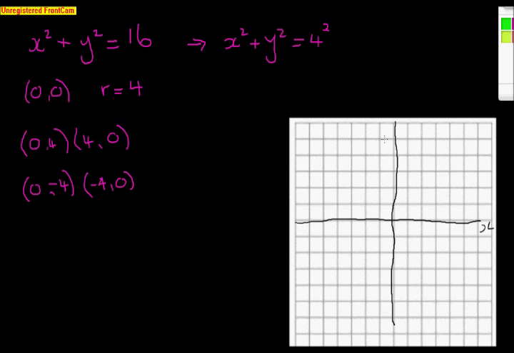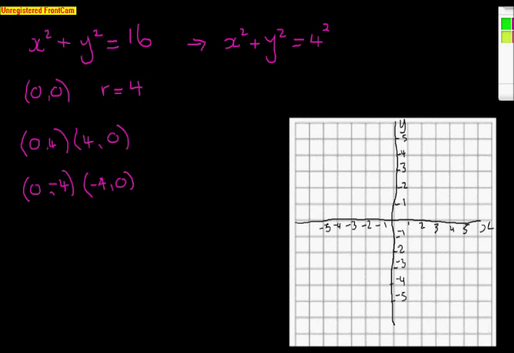X and Y. And each mark here will be worth 1. Negative 1, etc. 1, 2, 3, 4. Negative 5.